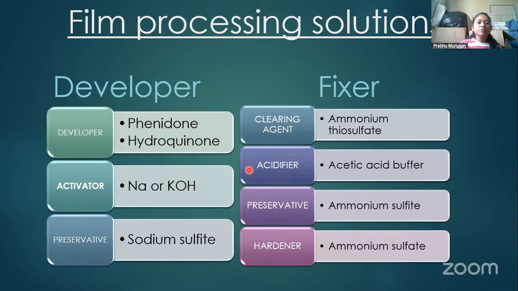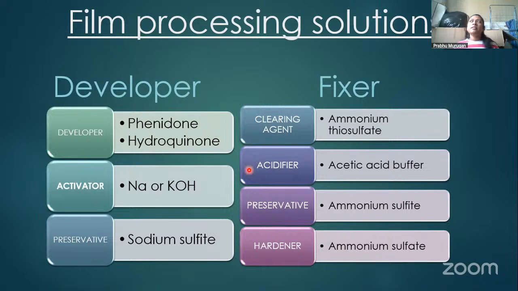Once you expose the X-ray film and dip it into the developer, it will turn completely black in color because of phenidone and hydroquinone. To activate this, we use an activator, that is sodium or potassium hydroxide. And this solution is preserved by a preservative, that is sodium sulfite. Okay. So the film is going to be completely black in color now.